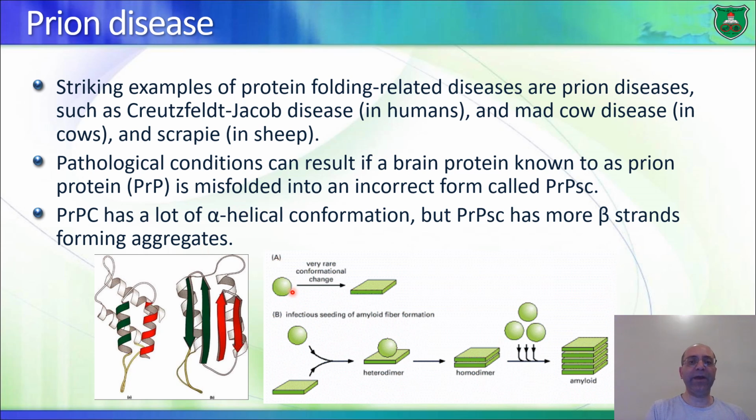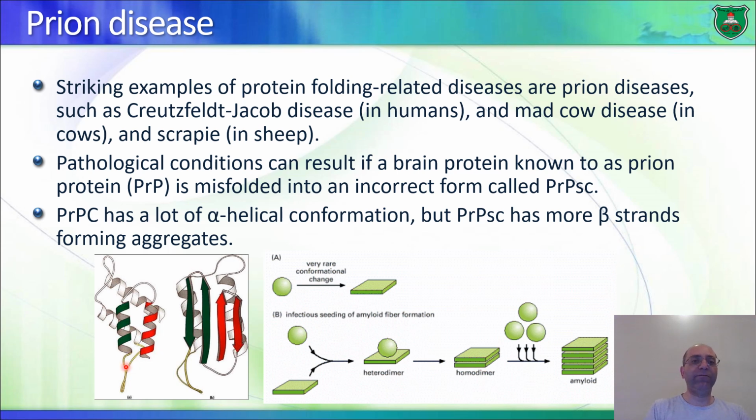What happens is that a misfolded protein binds to a correctly folded protein and causes it to misfold as well. That leads to protein aggregation and the formation of amyloid.